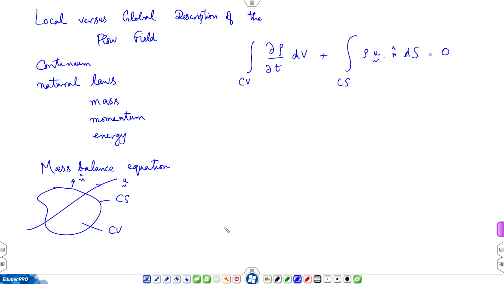So, this was at the scale of a full control volume. If you remember, we had simplified it to this form. Now, from this point onwards, we could either shrink the CV to a continuum point, or we could also argue that the control volume is unspecified and therefore the integrand is 0.